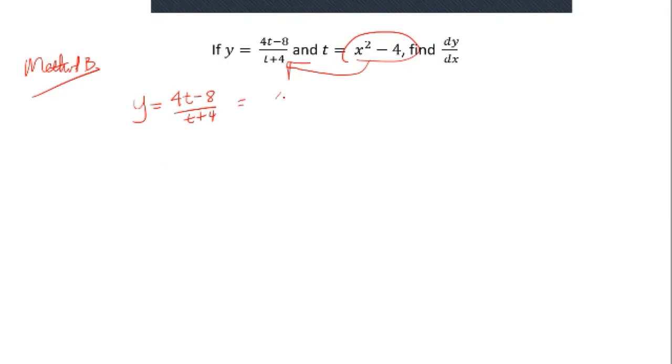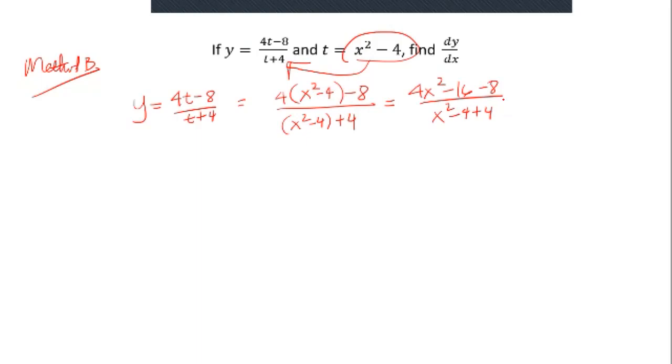So this becomes (4 times (x squared minus 4) minus 8) over (x squared minus 4 plus 4). Simplifying, you have 4x squared minus 16 minus 8 over x squared minus 4 plus 4, where the negative 4 plus 4 cancels. So what we have now is (4x squared minus 24) over x squared.